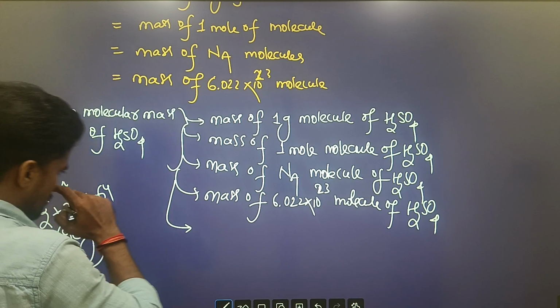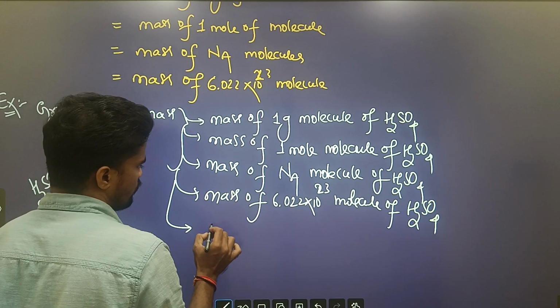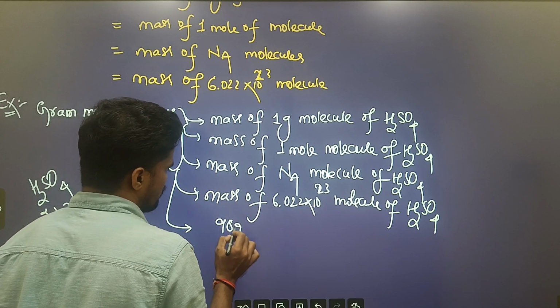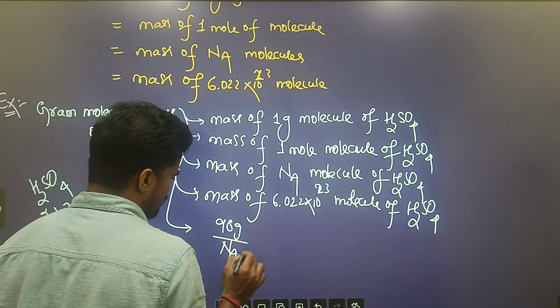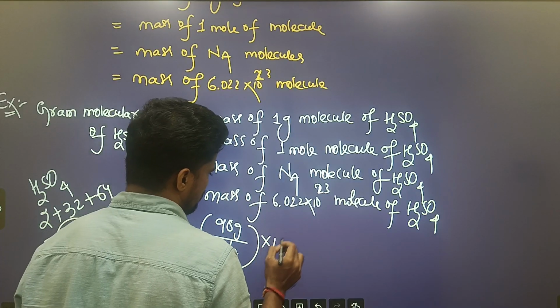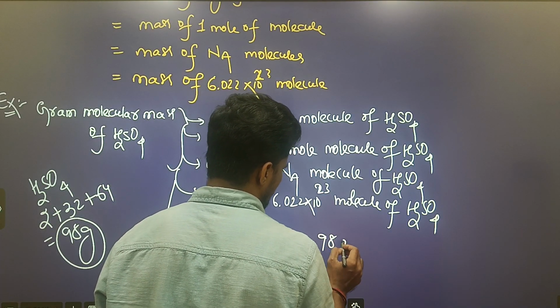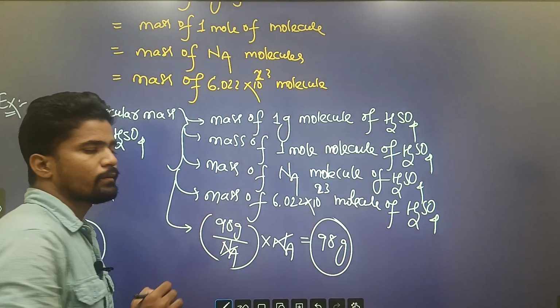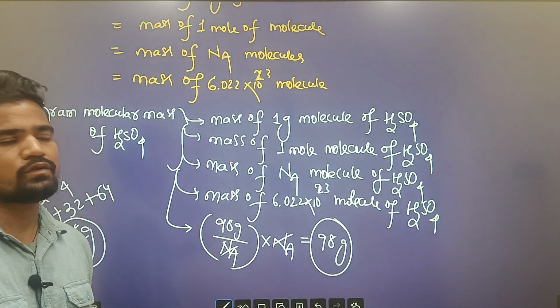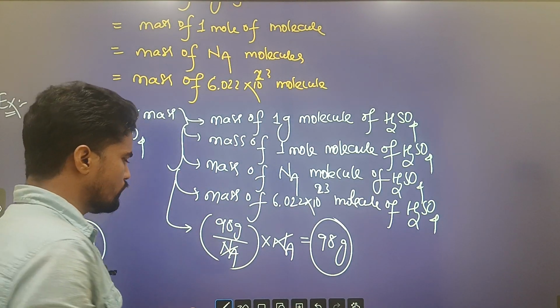The mass of sulfuric acid is 98, so it is 98 gram upon NA, into NA. NA cancels, and we get 98 gram. So this is the gram molecular mass of sulfuric acid. Hope it is clear.